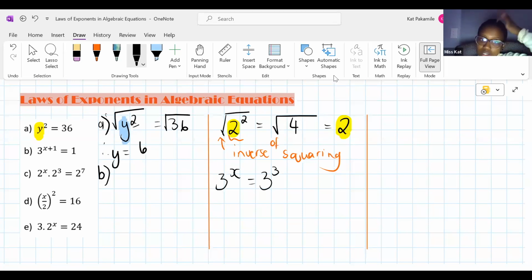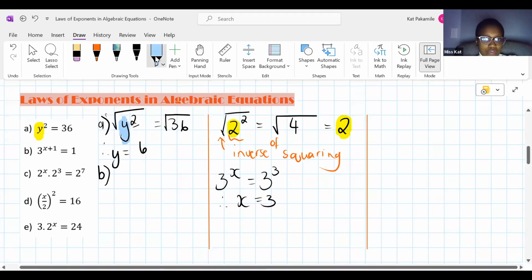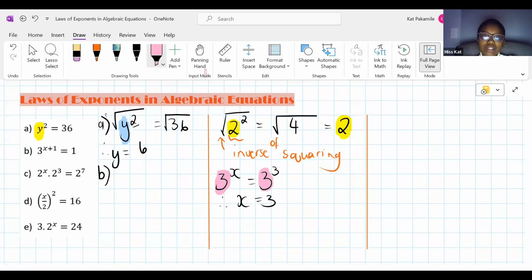What is x? Kanya, please try. I don't know. Someone will be able to. Oh, never mind. The hand went up. Tammy says x is 3. How do we know that, guys? X is 3. We did this over and over when we did expressions. If we have the same bases on both sides, okay?